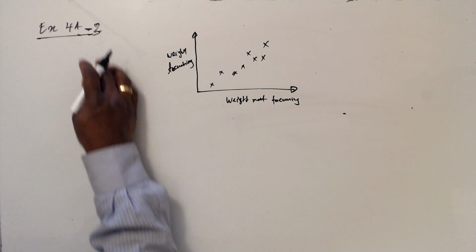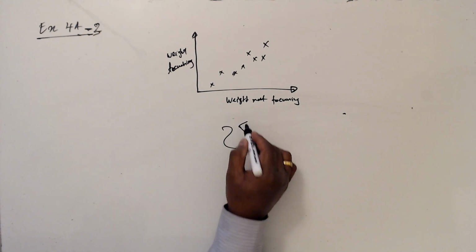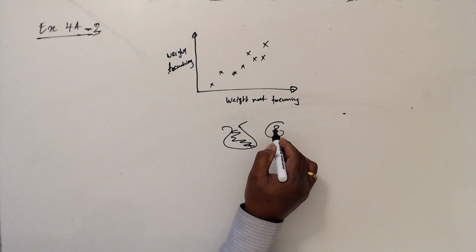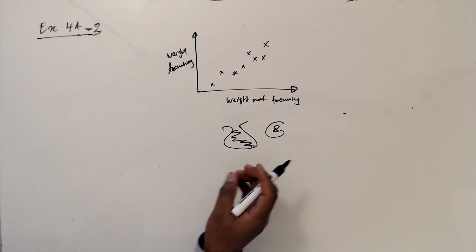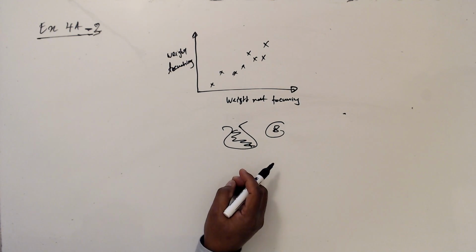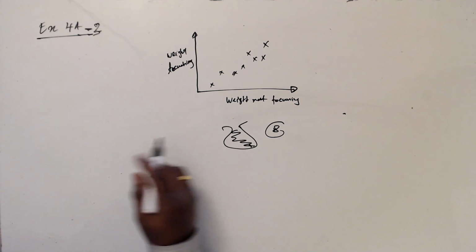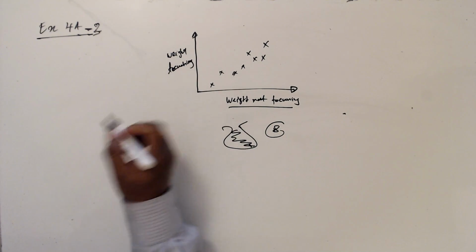Question number 3. It is about an experiment with a bag of sweets, and 8 students were asked to guess the weight without touching, and then touch and tell the weight. So this is the weight before touching, and then after touching.